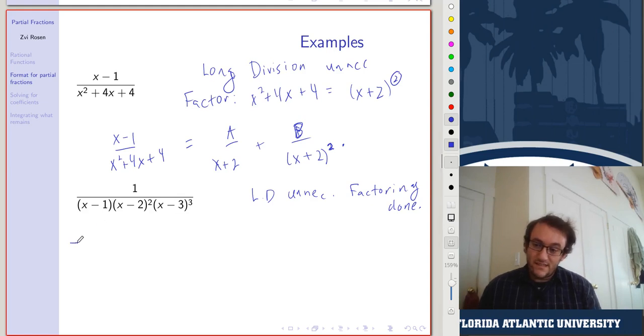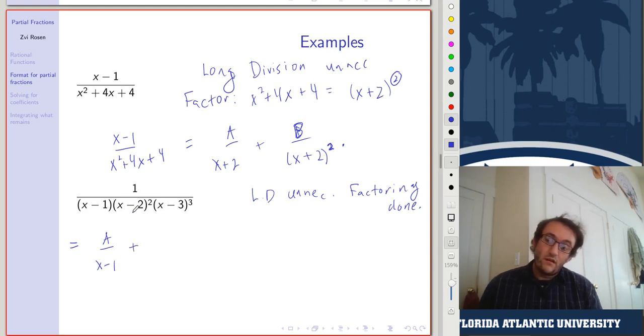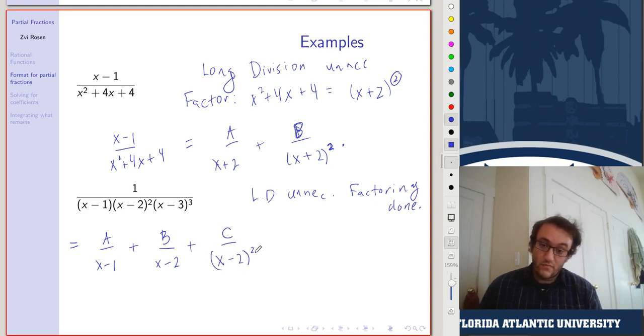So here we're going to say this is equal to, well, we only have x minus 1 to the first power. So we'll get a divided by x minus 1. Then for x minus 2 squared, that appears to the second power, so we need two terms, b over x minus 2 plus c over x minus 2 squared.